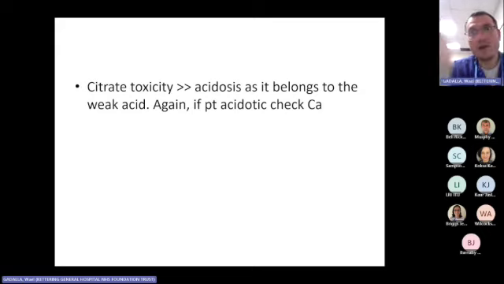Usually you'll find the patient has low pH, high lactate, but normal or high bicarb, and also normal CO2. So you don't know where the acidosis came from. And if you check the calcium, the total calcium will be high, which means that this patient has citrate toxicity.